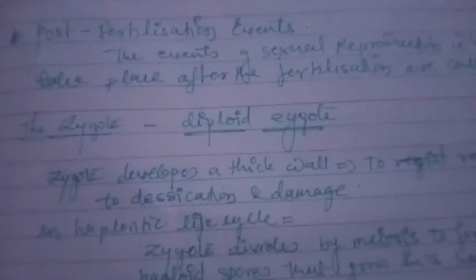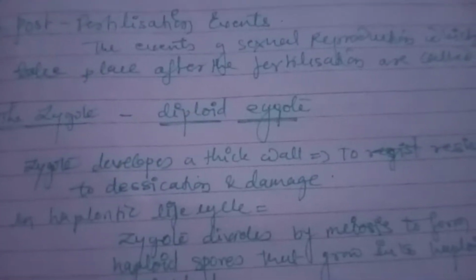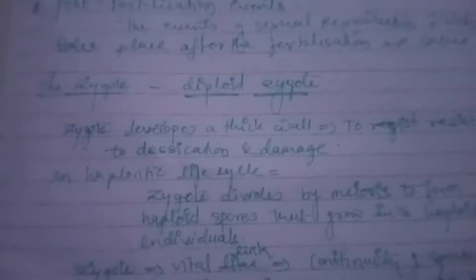Here we discussed the post fertilization events, the events of sexual reproduction which take place after fertilization. So these are the things, and this completes the first chapter, reproduction in organisms.